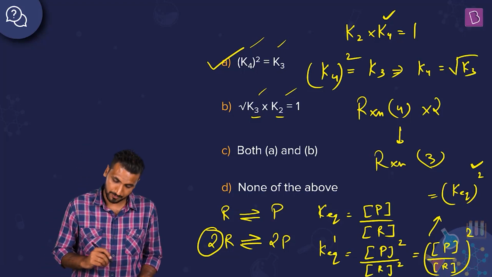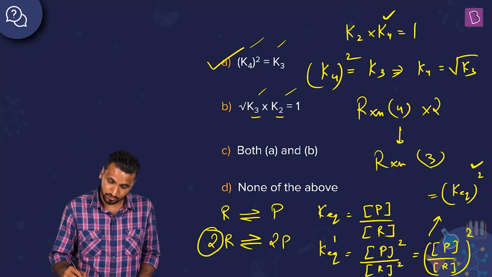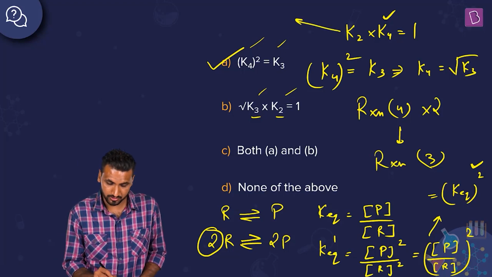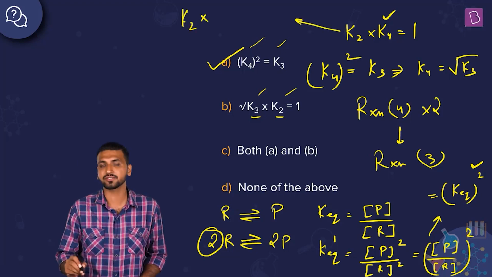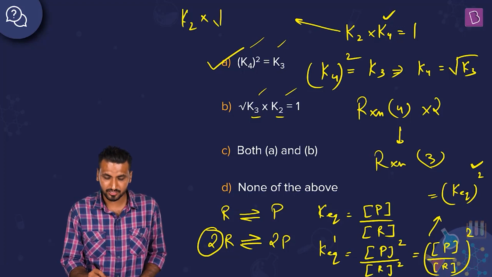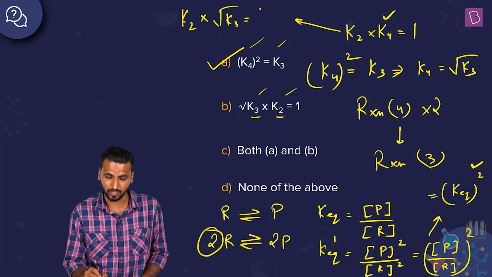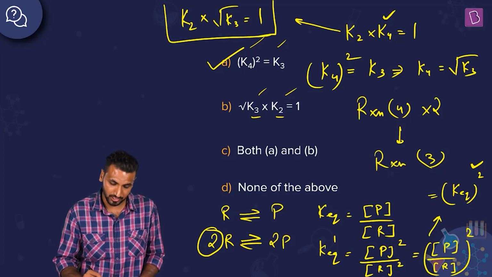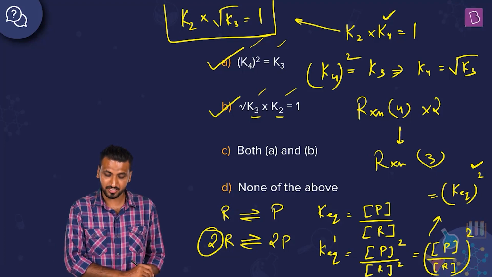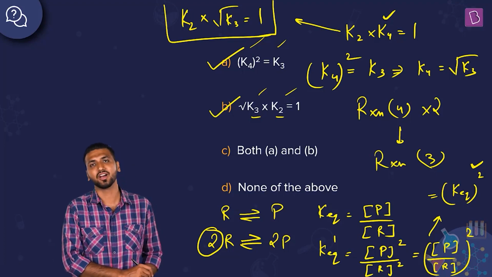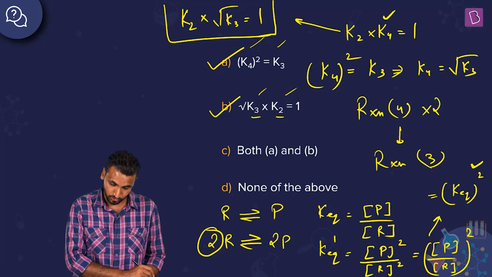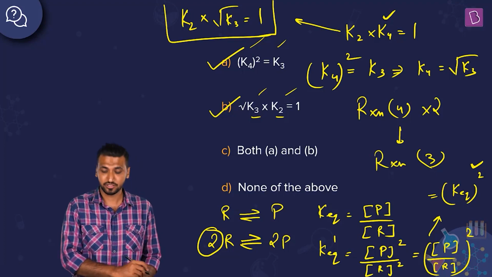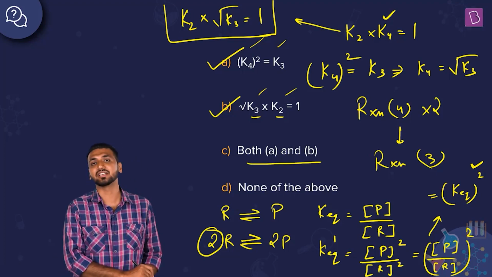Now if I put this value in this equation, K2 into, instead of K4 I'll write under root of K3, is equal to 1. And that's what I see in option B: under root K3 into K2 is 1. So yes, A is correct, B is correct. That means both A and B are correct.